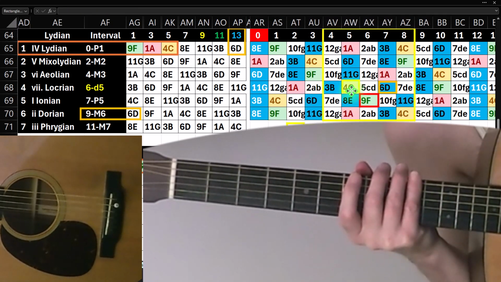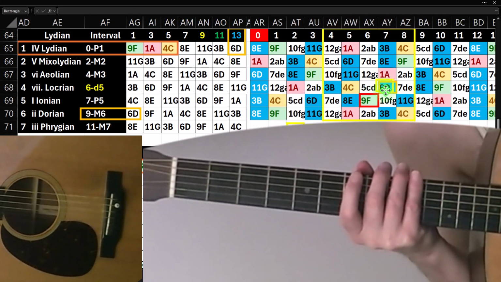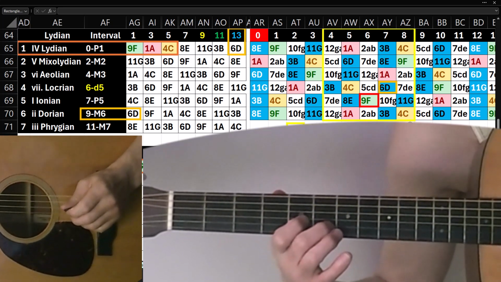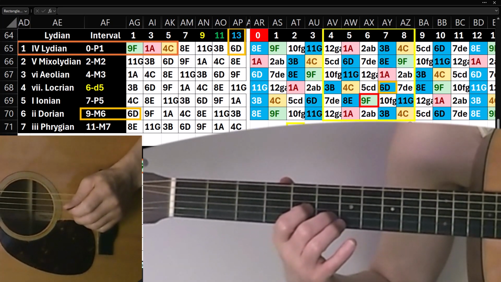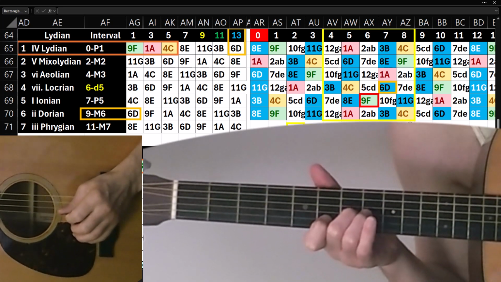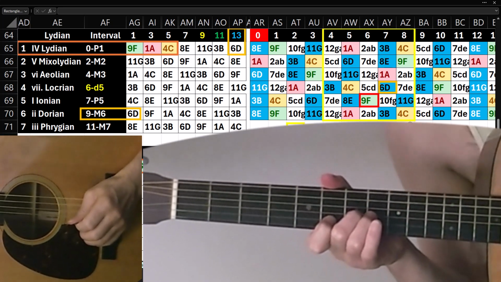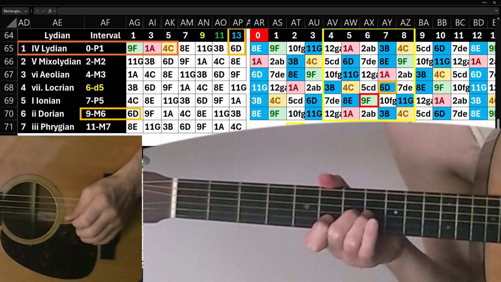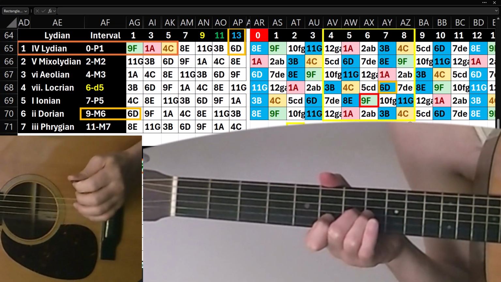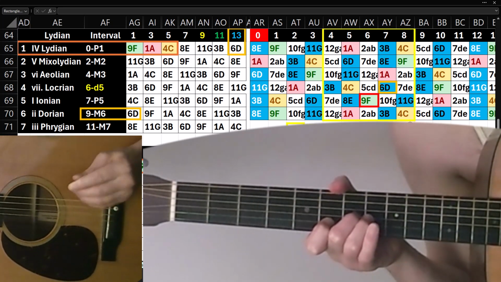Therefore, I'm going to call this -5, -4, -3. So let's count it up. We're going to go from here, -5, then -4, and then -3. So top to bottom would be a 3-note away minor third, and therefore from bottom to top would be a 9-note away major 6.